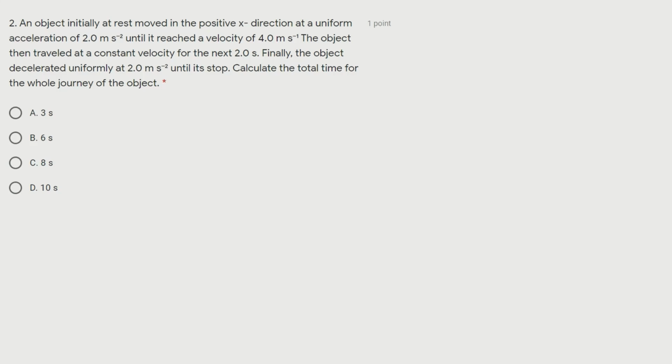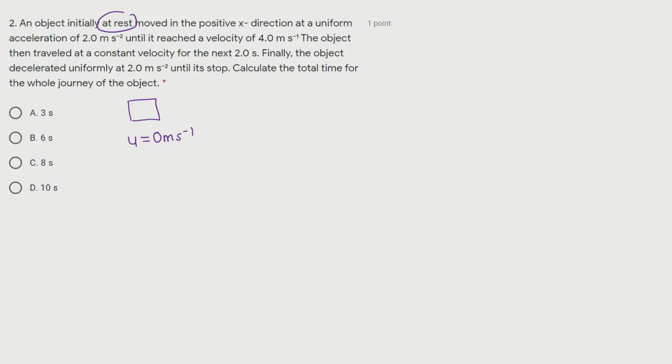Okay, an object initially at rest. First, to tackle this kind of question, it's better for us to draw. So let's draw. You have an object. The object is at rest. So when the object is at rest, what is the velocity? The initial velocity is 0 because it is at rest.